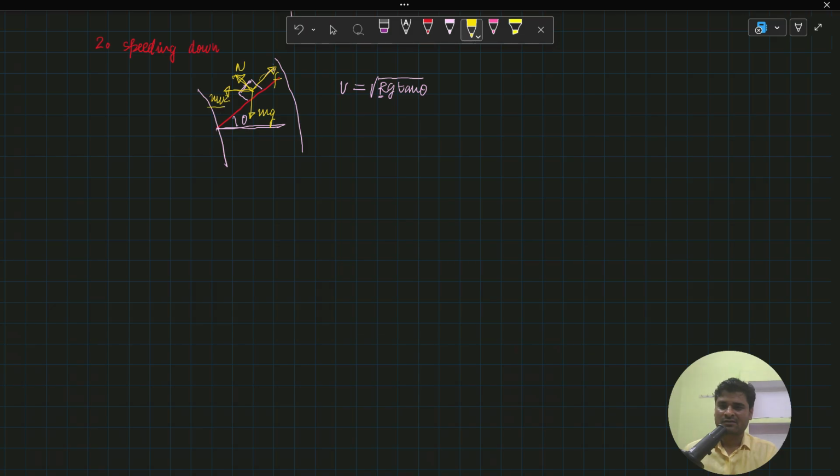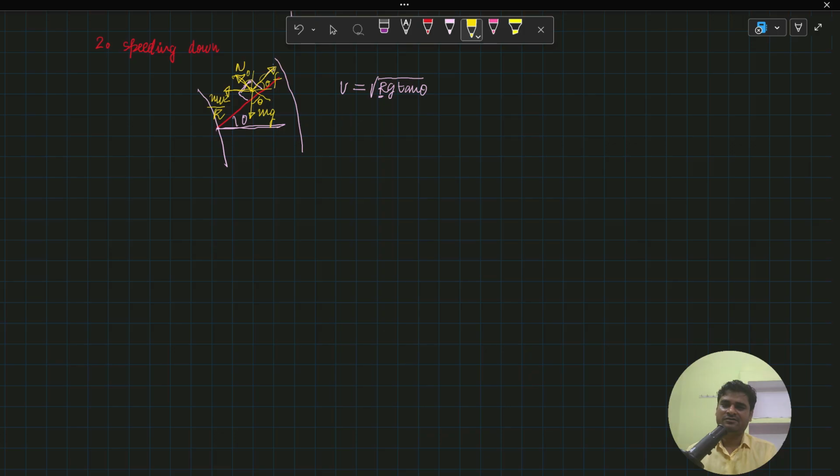So the free body diagram says, if the inclination is θ, then this angle will also be θ. We know that from experience, and we can draw it like this, so this is angle θ.